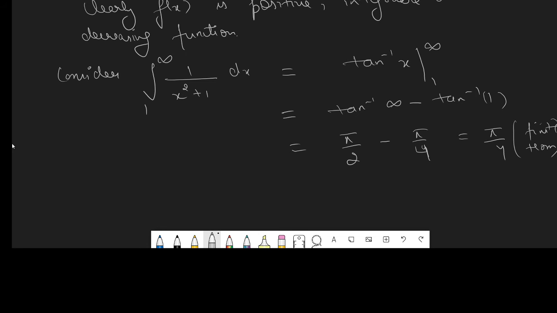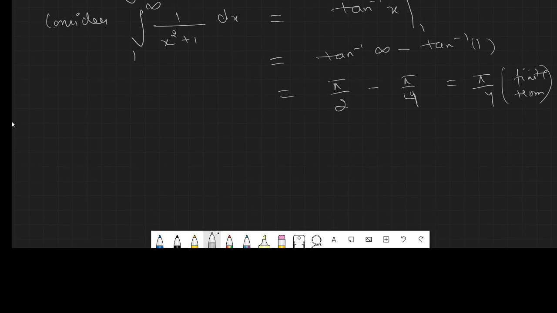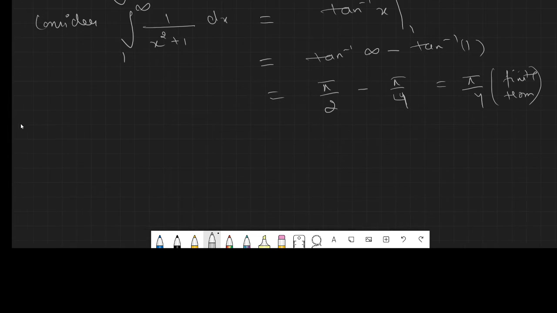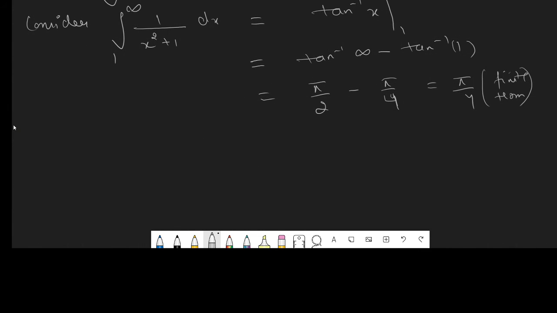Pi by 4 is finite, and finite means it is convergent, right?